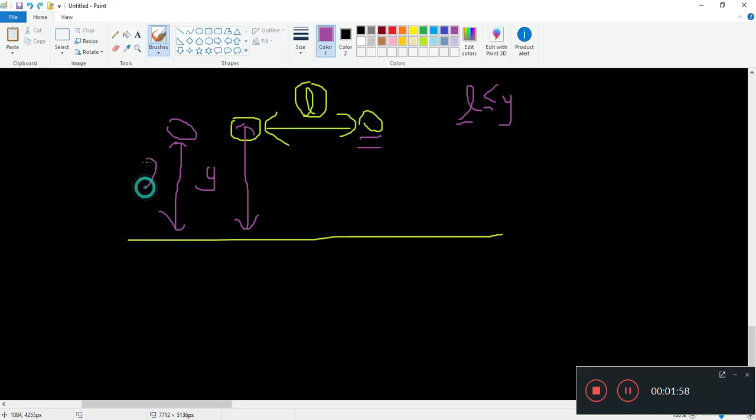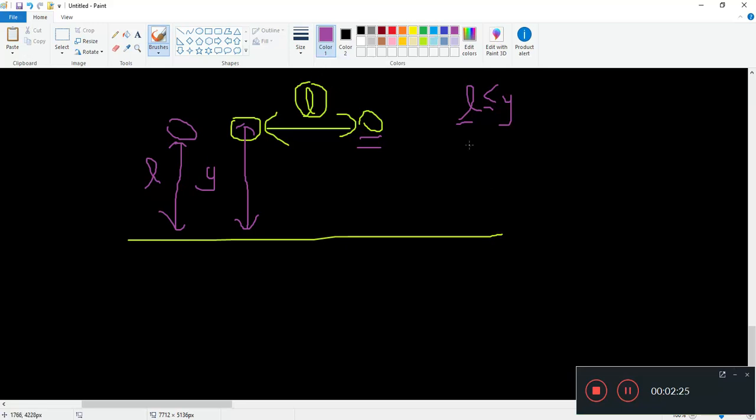So the ball can only travel so far, this distance L, before it disintegrates. It is usually somewhere along the distance from 0 to y where this ball will disintegrate. Once it hits the wall, that's the hard upper limit, it will definitely disintegrate.